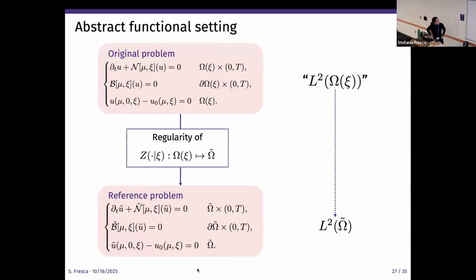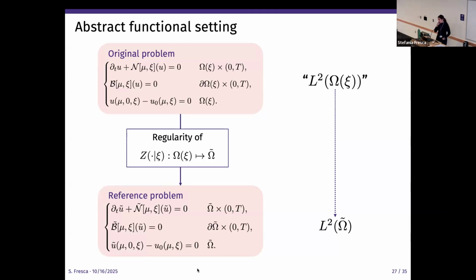We start from our original problem. We need to define an abstract functional setting in which it is possible to address the dimensionality reduction task, which is not possible to address in this space because here the solution manifold is not well defined. So we perform a change of variables which casts the original differential problem onto a reference configuration which doesn't depend anymore on the geometrical parameters.